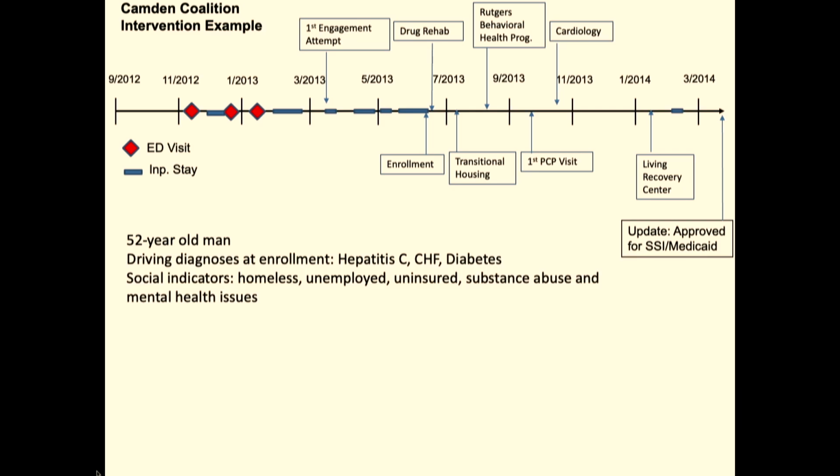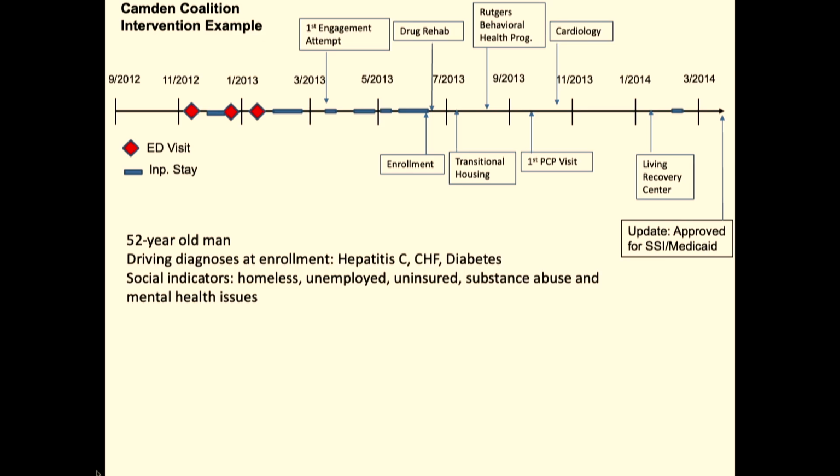What you see here is a 9-month timeline before the care team at the Camden Coalition started working with this individual to help him, and then a post-enrollment timeline. So 9 months before the intervention started and 9 months after.